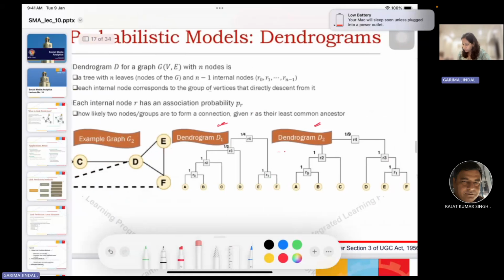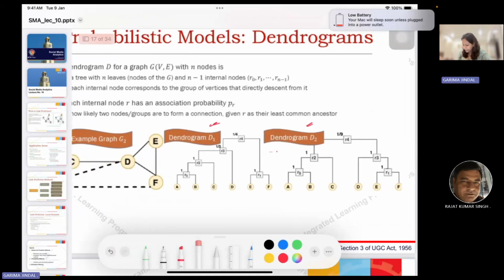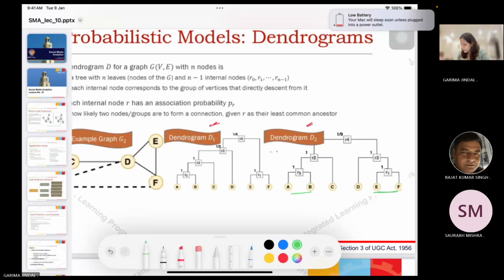Okay, so we have this second dendrogram. Here we assume that A and B connect first, and E and F connect first. Then after that, A and B is connected to C, and E and F is connected to D at this level.